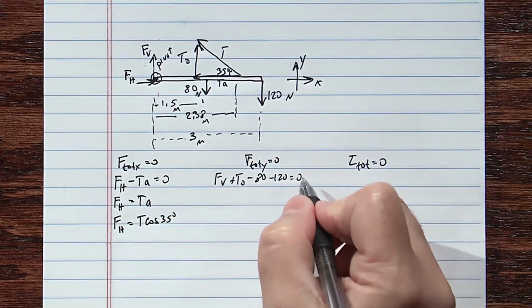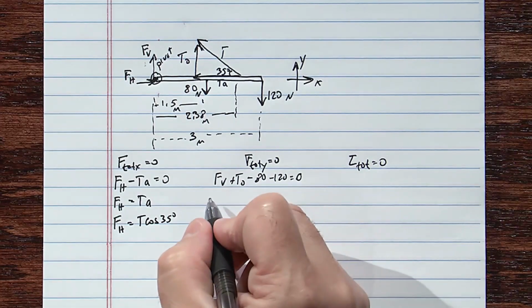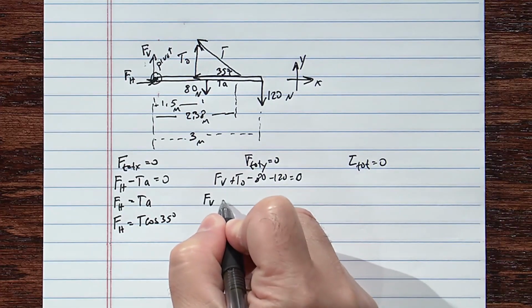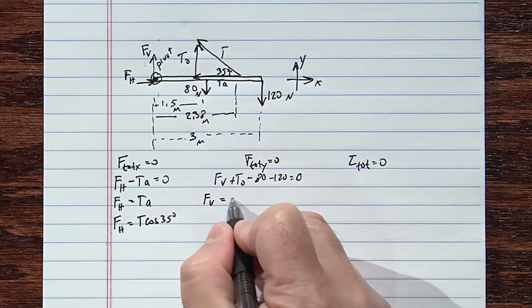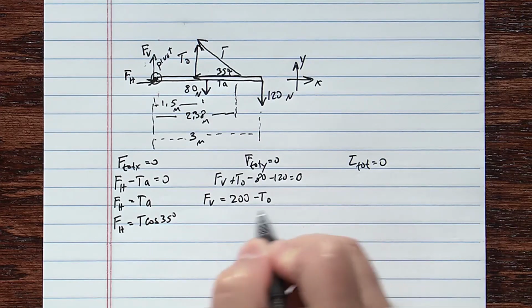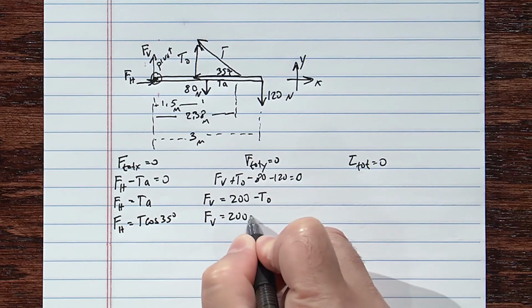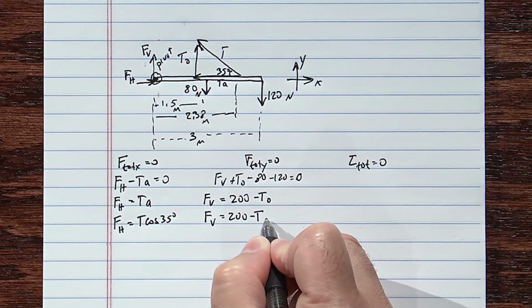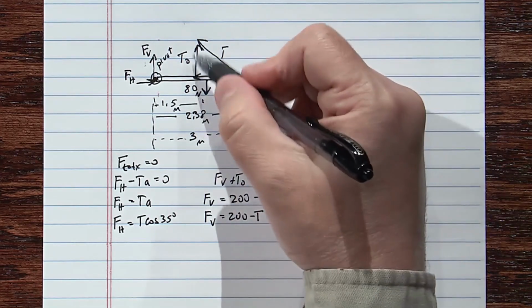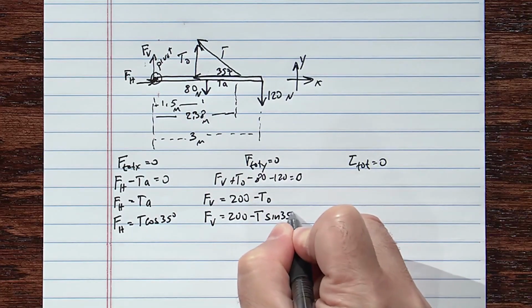All of that must equal 0. So that tells us that force vertical is equal to 200 minus tension opposite, or force vertical is equal to 200 minus tension times tension opposite, which would be tension sine of 35 degrees.